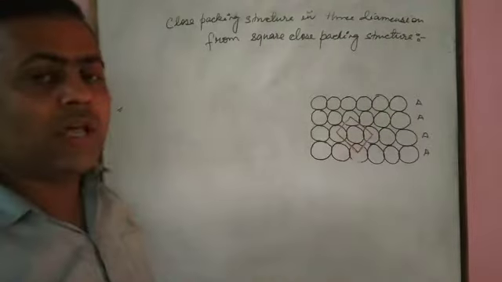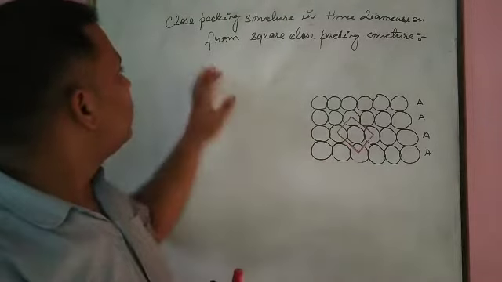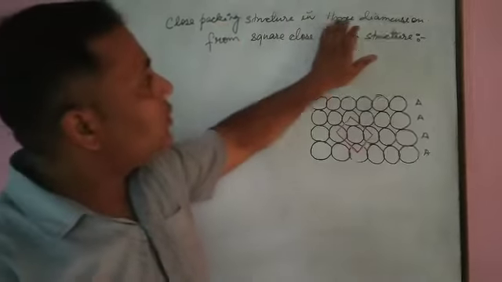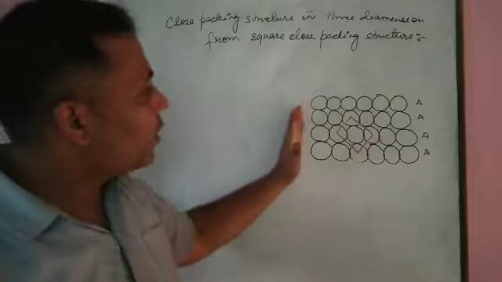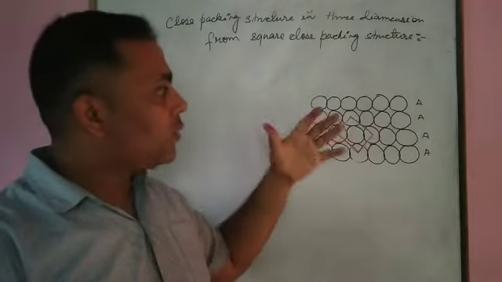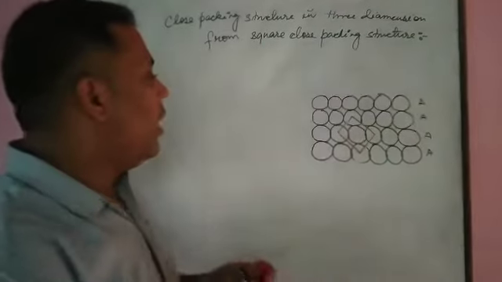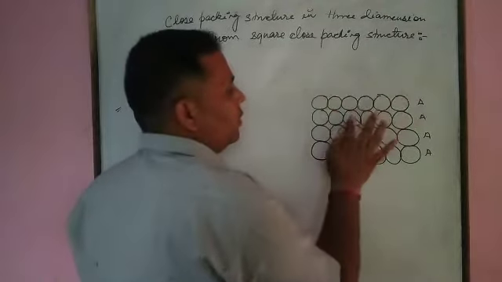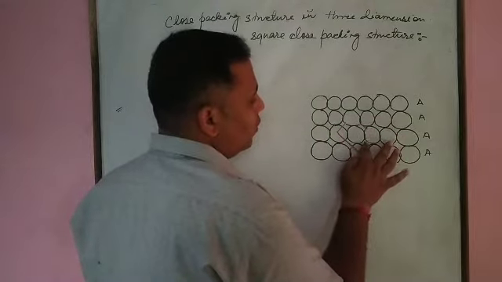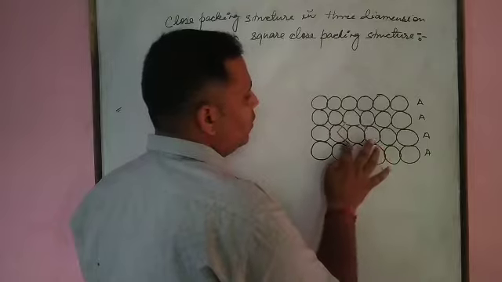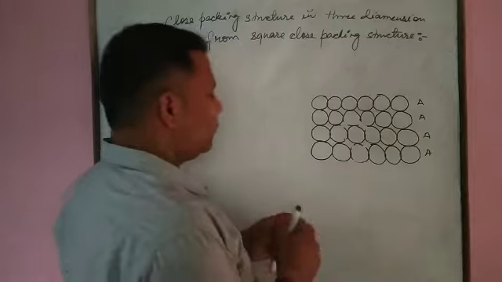Let us see what is happening in this case. It means in order to get closed packing structure in three dimensions from a square closed packing structure, we have square closed packing structure. We have to take an identical, same type of square closed packing structure and we have to place it above it. On placing it above it, what did we get? Let us see.